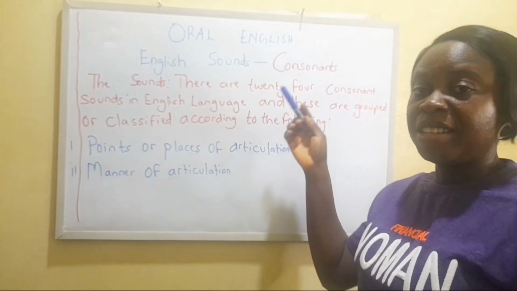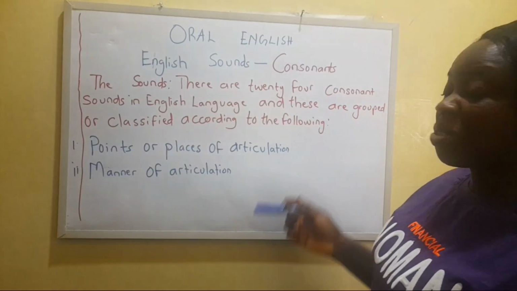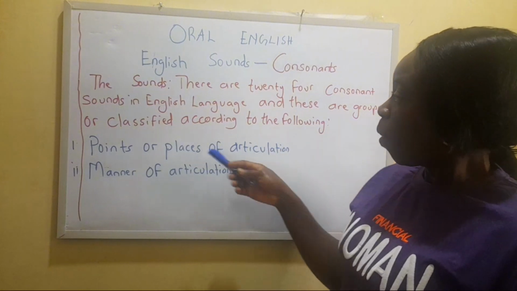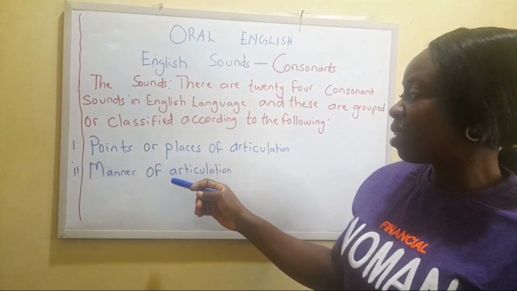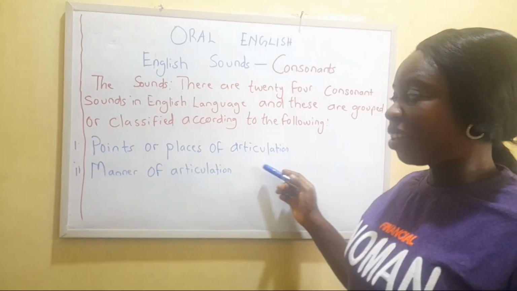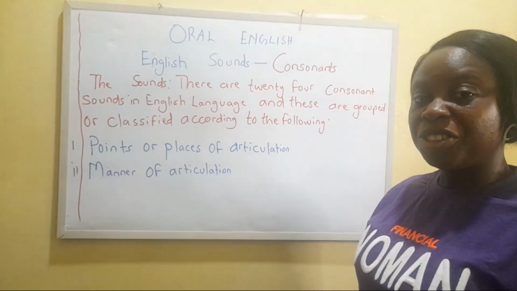Let's move on in the studying of consonant sounds. There are 24 consonant sounds in the English language, and these are grouped or classified according to the following. The first is points or places of articulation. The second is the manner of articulation.